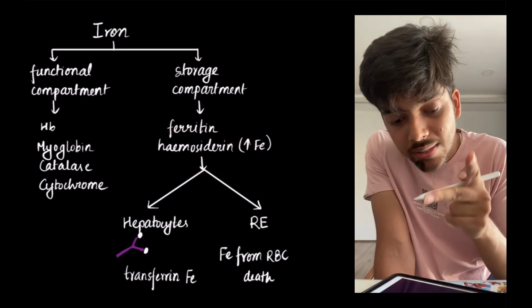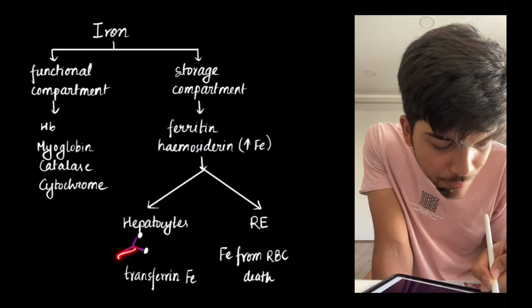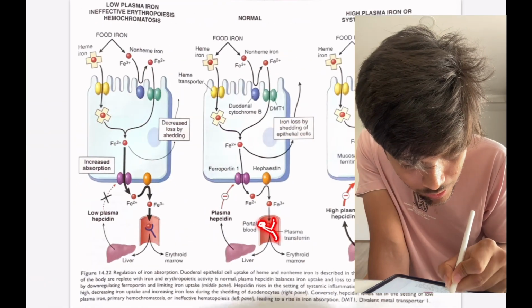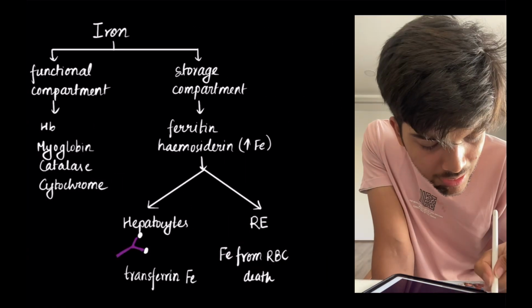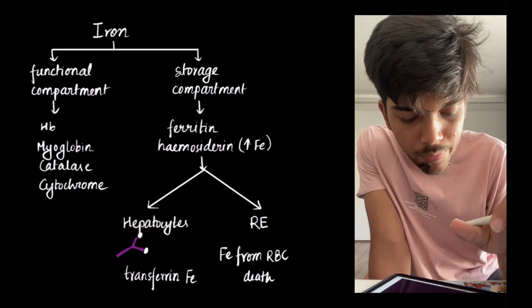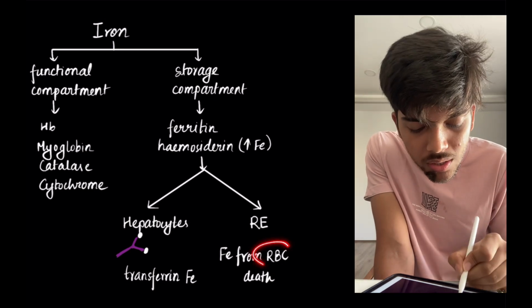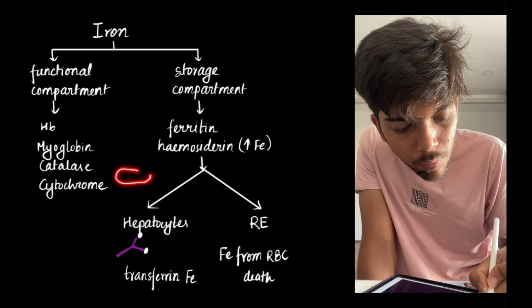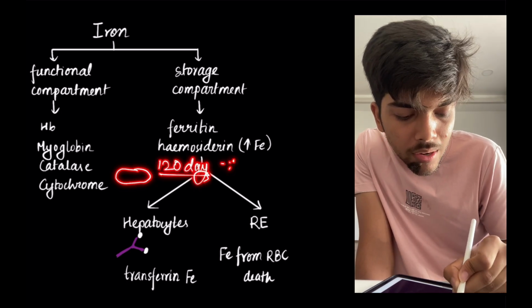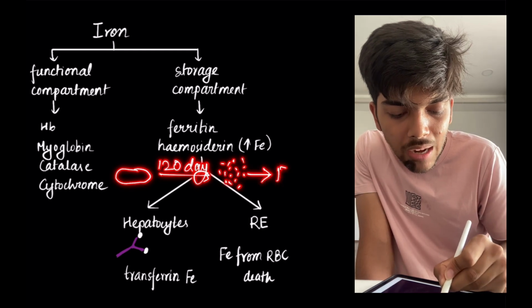There are two places where iron gets stored. If iron is brought by transferrin, this iron is stored in your liver, in the liver parenchymal cells. But if iron is obtained from destruction of RBC, see, there's your red blood cell. This red blood cell dies after 120 days. What remains is the inner content of the red blood cell, which gets destroyed, and we get iron.